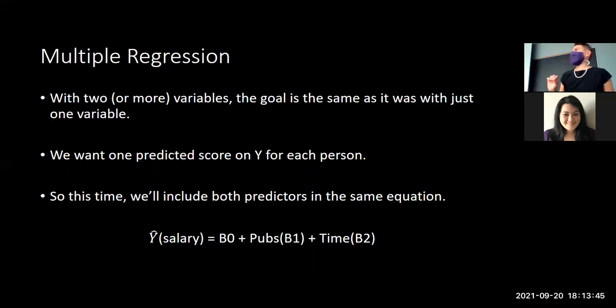So let's think about the pieces. R squared, sums of squared errors, coefficients. One of those three things is going to be different with multiple predictors than it was with one predictor.